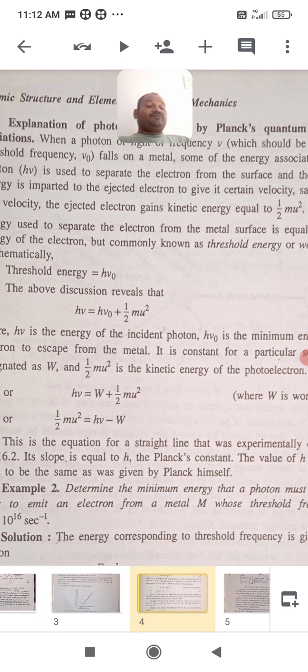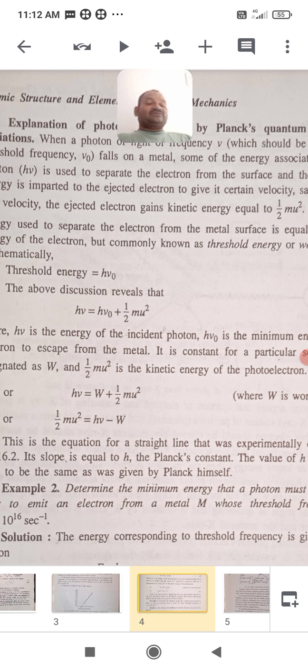What is the photoelectric effect by Planck's quantum theory? When a photon of light of frequency ν falls on a metal, some of the energy associated with the photon, hν, is used to separate the electron from the surface, and the remaining energy is imparted to the ejected electron to give it a certain velocity, say u.